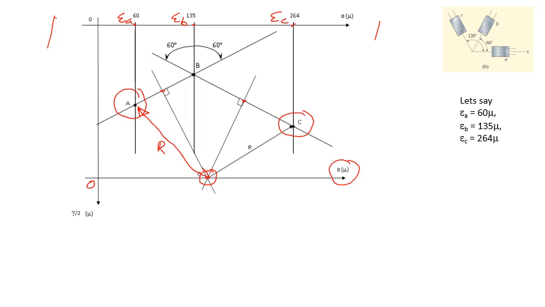So using your drawing tool with this point as the centroid and R, you draw the circle, and that circle is your Mohr circle for this problem here.